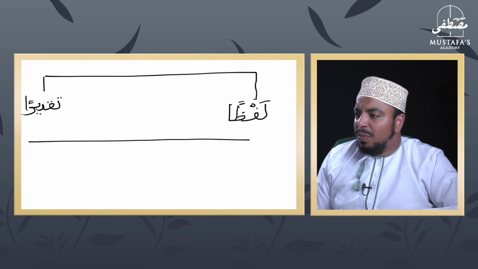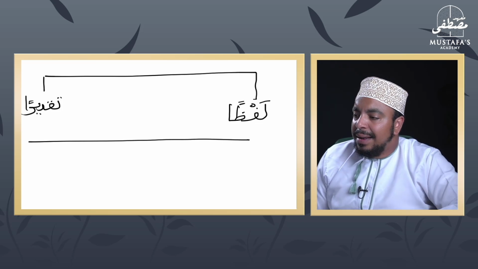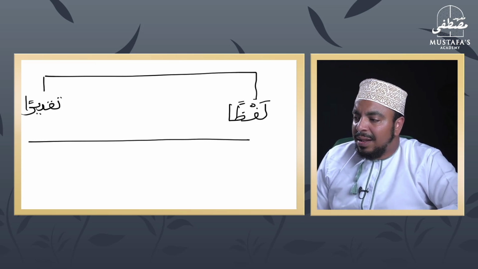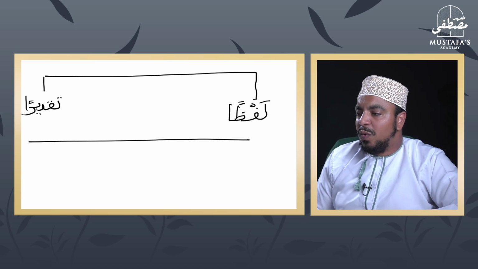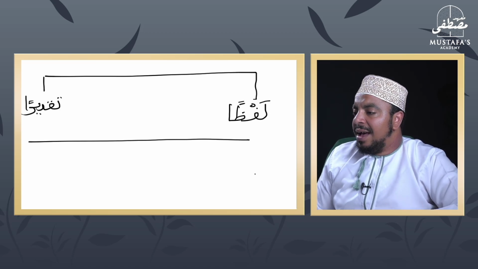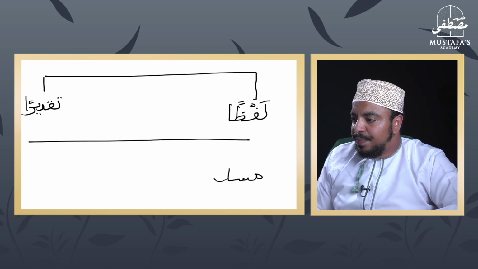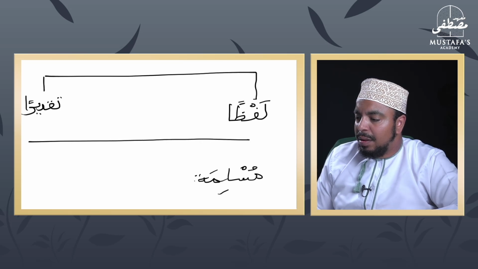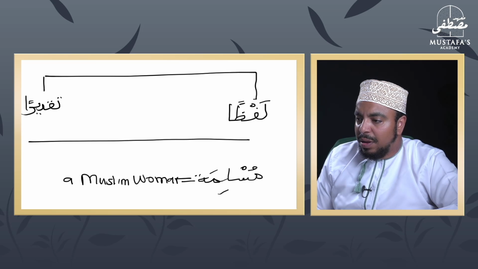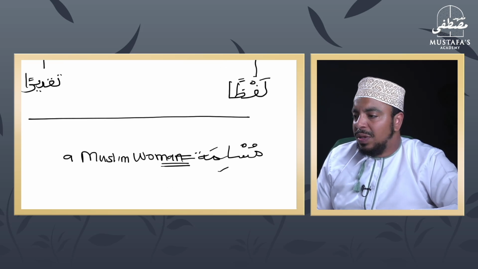نعم. Now جمع المذكر السالم, قلنا أن جمع المؤنث السالم, the feminine plural noun, is such as, if we have مسلمة, مسلمة means a Muslim woman. What made you know that it's a Muslim woman is because of this ta.